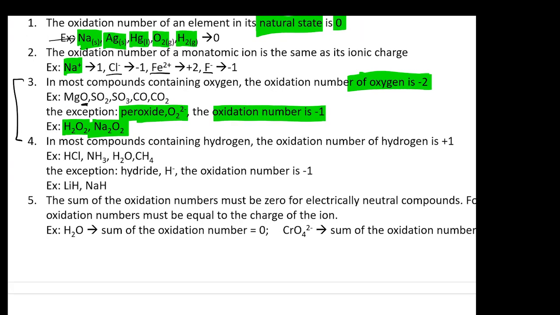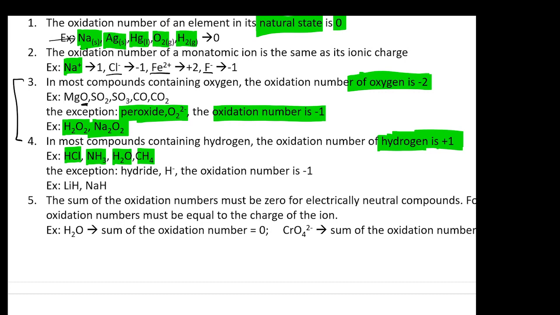Rule number 4: if you see a hydrogen inside a chemical formula, then the hydrogen will always carry +1. For example, HCl, NH3, H2O, CH4, all the H inside those compounds carries a +1 charge.